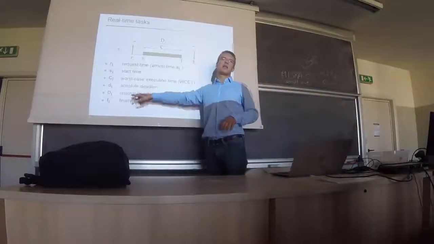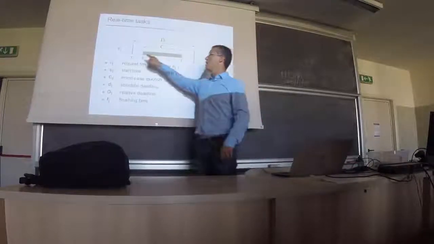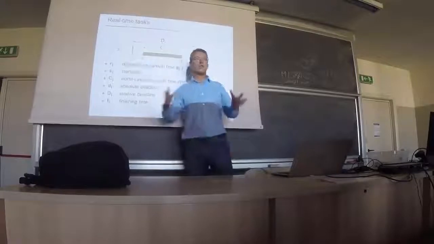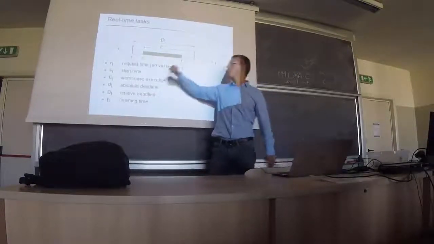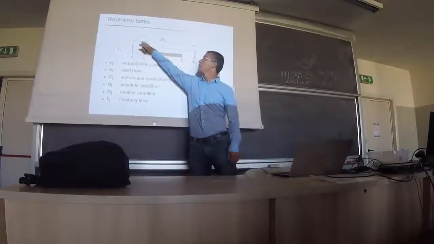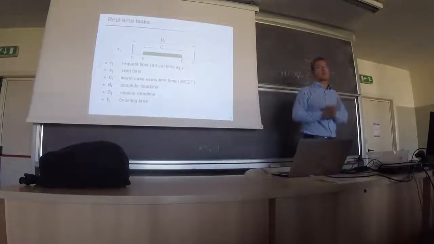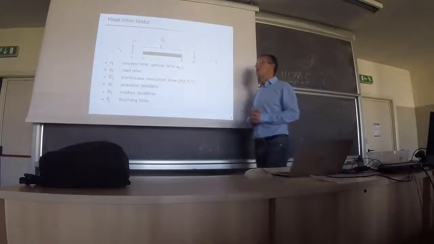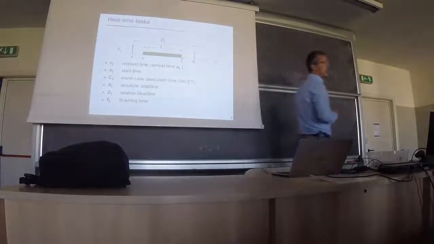The relative deadline is a simpler concept. It's just the difference between this absolute deadline and the arrival time. So typically it has a much shorter value. If this was 1 million and this was 1 million minus 1,000, the relative deadline is 1,000. So it's just the difference of time between the arrival of the task and the absolute deadline.